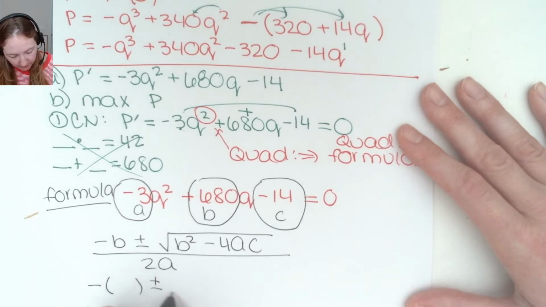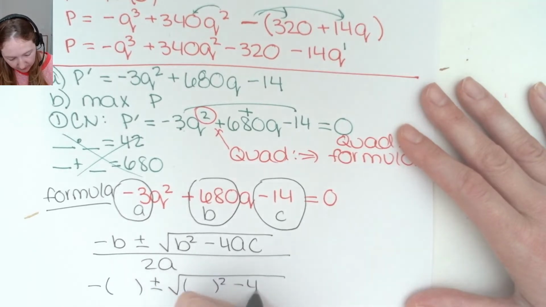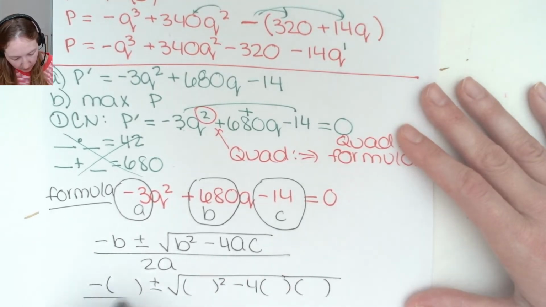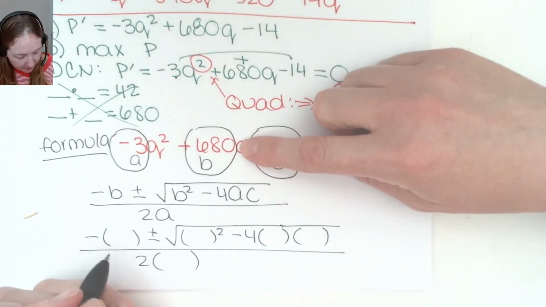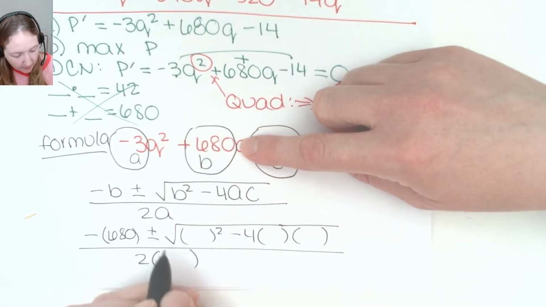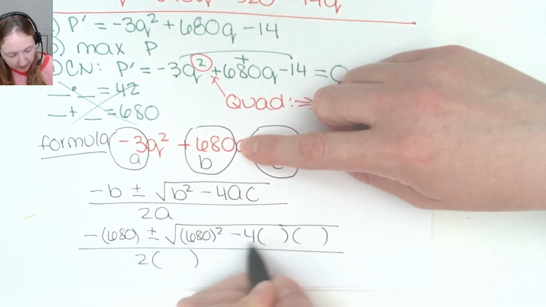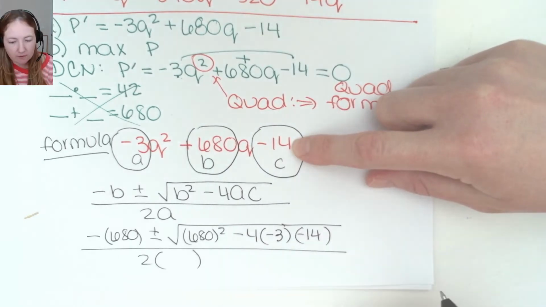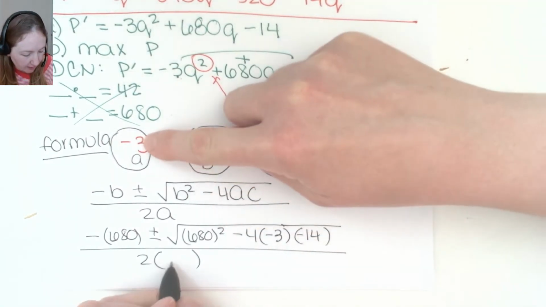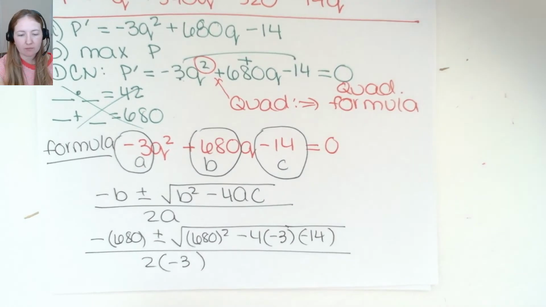We think of this as a little parentheses skeleton that we want to plug into. So my b is the positive 680, b squared, minus 4 times a, which is negative 3, times c, which is negative 14, all over 2 times a, which is negative 3.